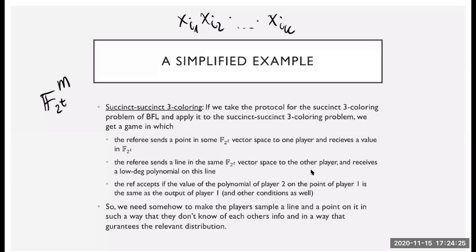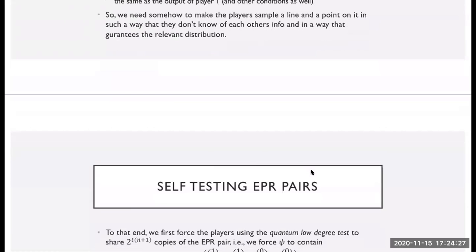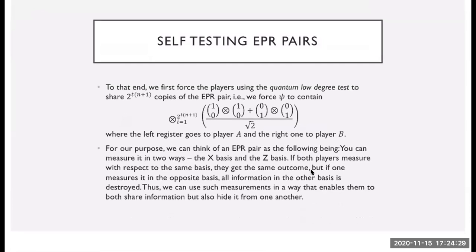The way we do it is that we force them to share this state. A state is just a unit vector in some tensor product Hilbert space.